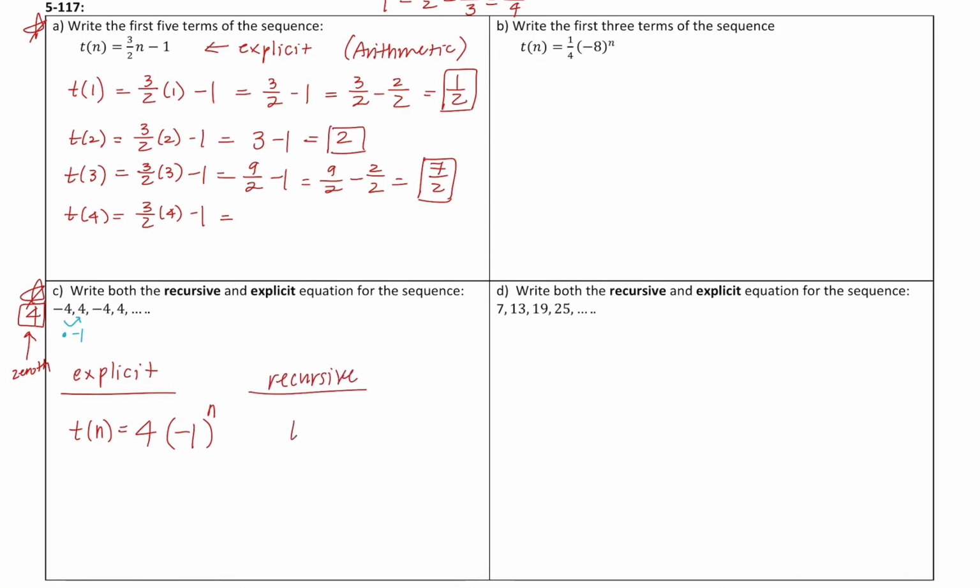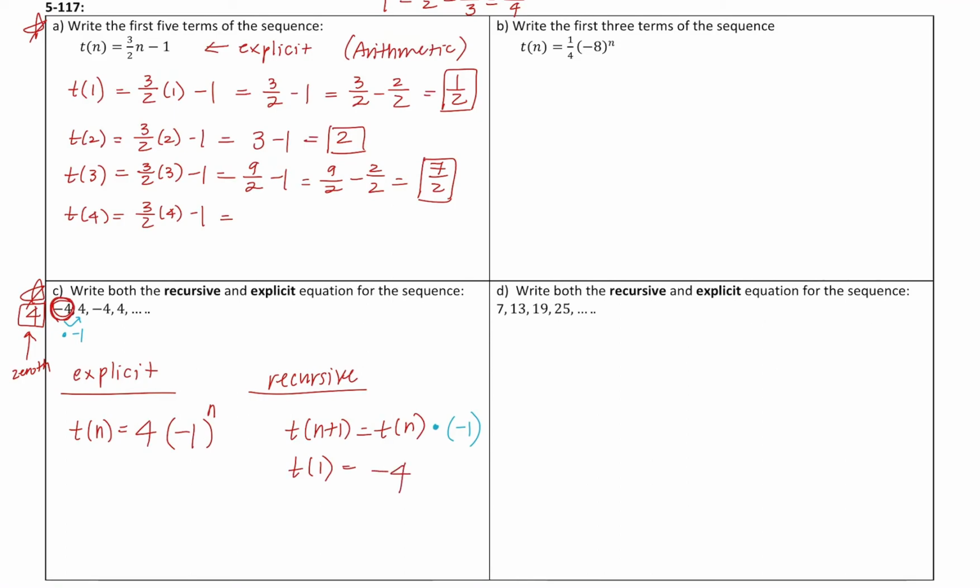You always want to start with t of n plus 1 is equal to t of n, and it's multiplying by -1 each time, so times -1. I'm going to put parentheses around it just so that I know it's a negative number, not subtraction. And then the first term, which is this one. That's the first term, right? The first number in the sequence listed.